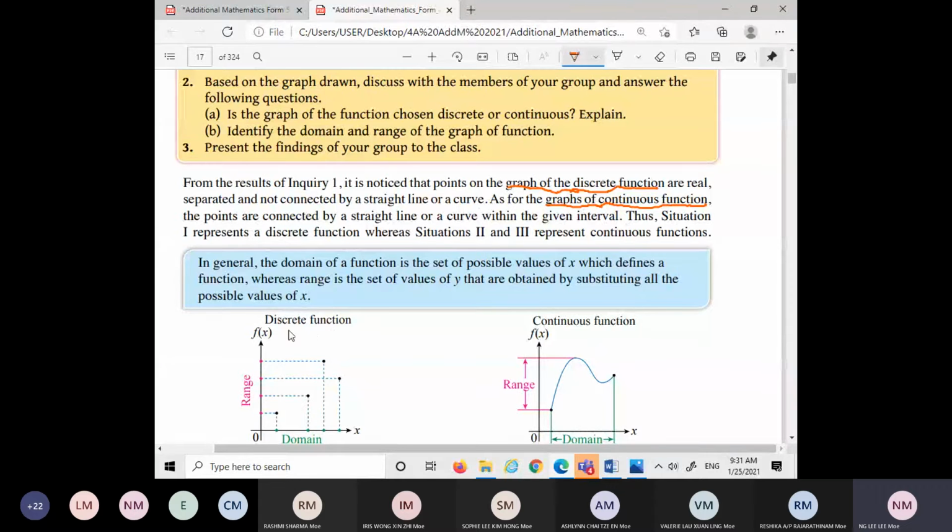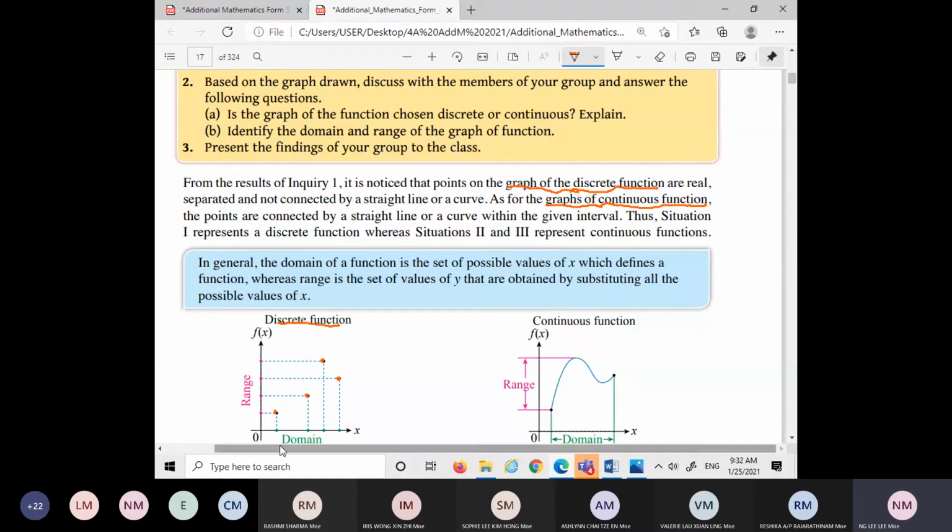This is a discrete function. Maybe the explanation in words is not clear, but when you see the graph, it's clear. You see, it's only a dot, a dot, a dot, and a dot. But it's not joined by a curve or a straight line. This one we call a discrete function.